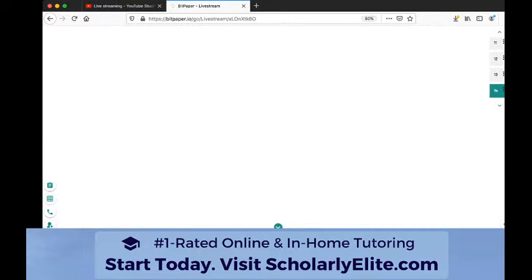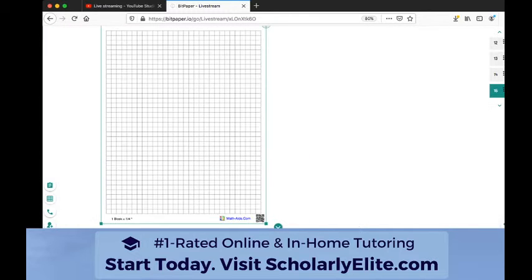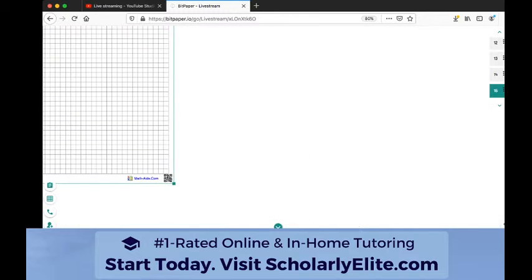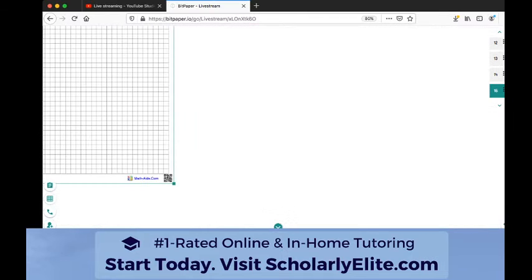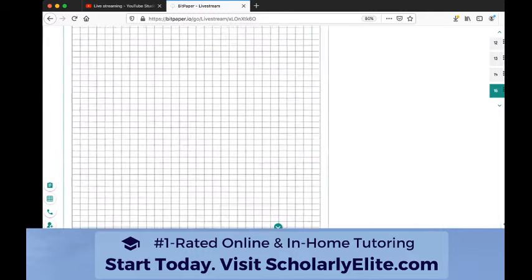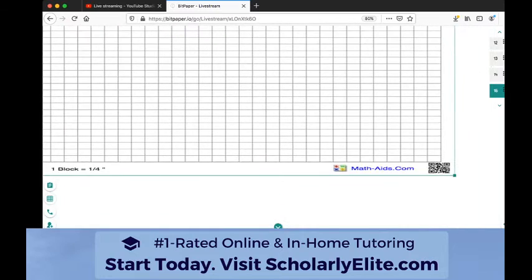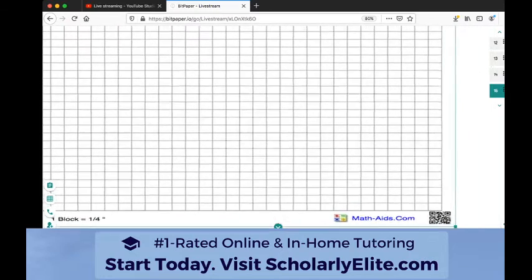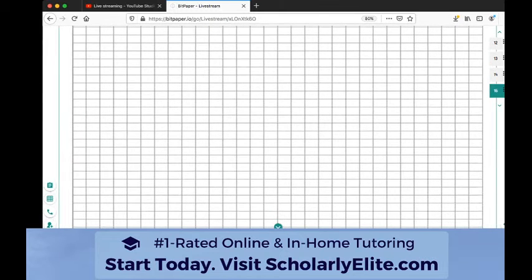So let's take a look here. Drag and drop this bad boy, like that. I want them to be more square, which is hard to do when you don't have the space to drag and drop properly. Okay, whatever. You guys can see that that's enough space.